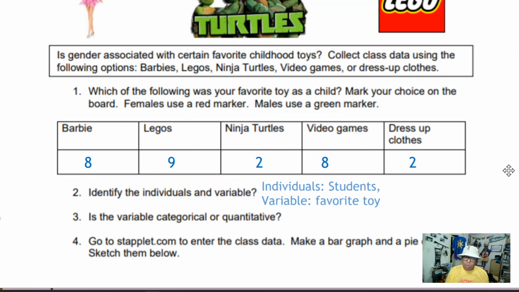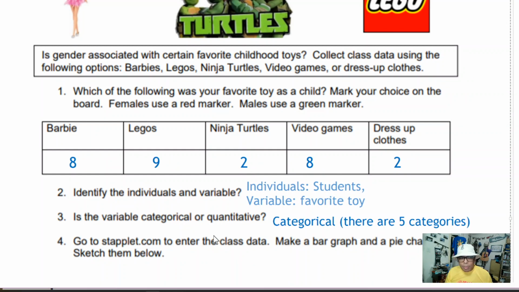And that one variable has 5 different categories: Barbie, Lego, Ninja Turtles, video game, dress-up clothes. And since I said it already, we probably have an idea that this variable, favorite toy, is categorical.